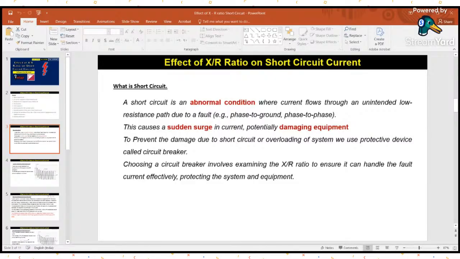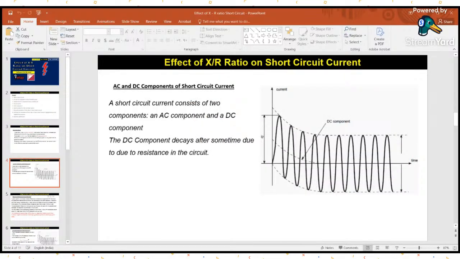And to choose the circuit breaker, we should examine the X by R ratio. That means our X by R ratio affects the choice of our circuit breaker. We can see later on in the coming slides how the X by R ratio affects the selection of the circuit breaker.